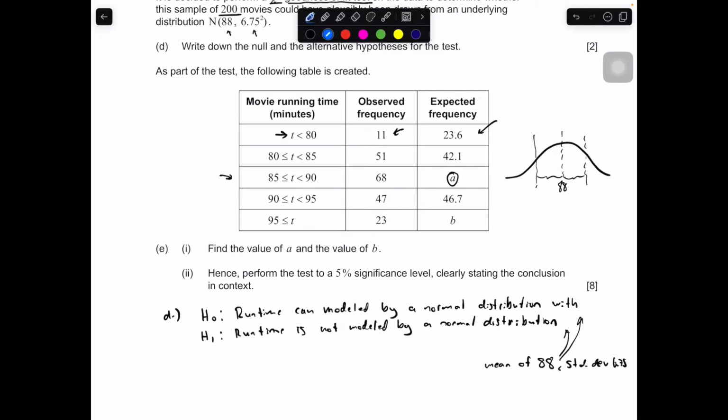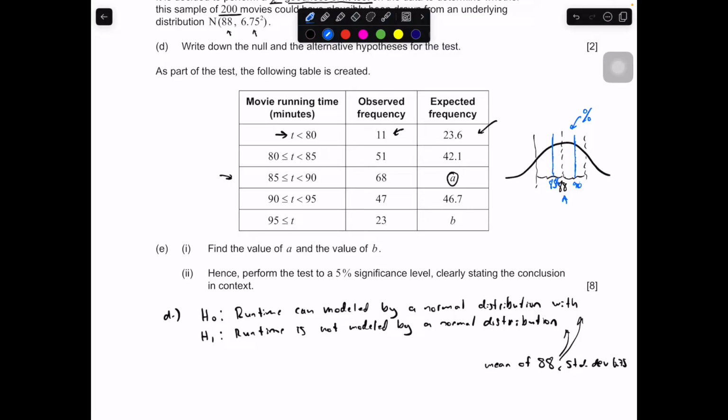What that means is, if we have this normal distribution centered at a mean of 88, the runtime of movies from 85 to 90 minutes, we can find the percentage of movies that we would expect to have within this range, minutes rather than percent.